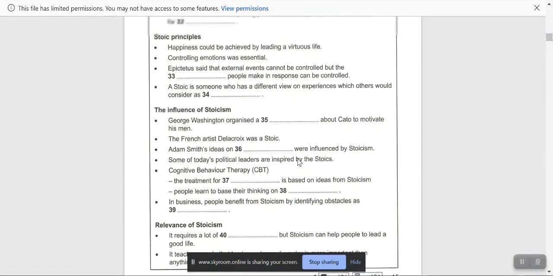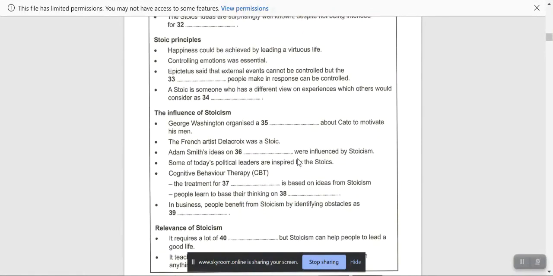In the words of Epictetus, external events I cannot control, but the choices I make with regard to them I do control. The modern-day philosopher and writer Nassim Nicholas Taleb defines a Stoic as someone who has a different perspective on experiences which most of us would see as wholly negative.